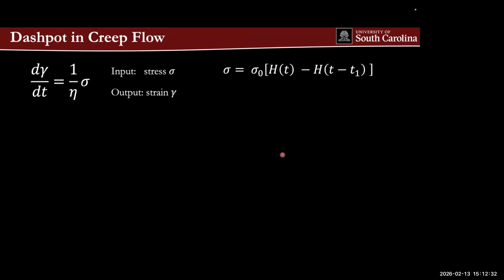So how do we do that? Well, as I said, let's just take the dashpot, right? So the stress is proportional to the strain rate. The input is the stress because we put a constant load, and the output is going to be the strain. So if the input is this top hat function and we start from equilibrium, this is my resultant differential equation.